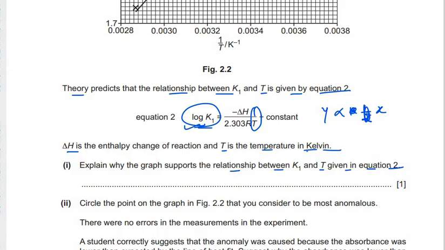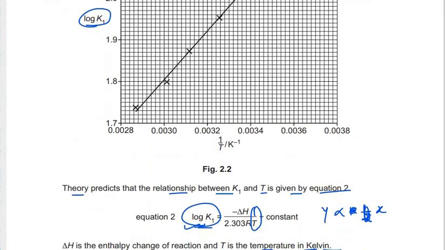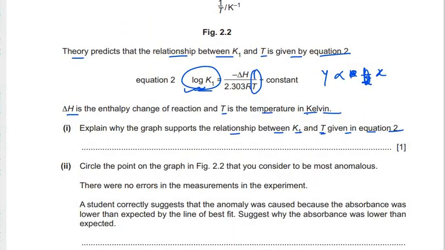So yes, we can say that the graph supports the relationship between K1 and T, as we have got a straight inclined line. A straight line graph is obtained, and that's why the graph supports the equation.